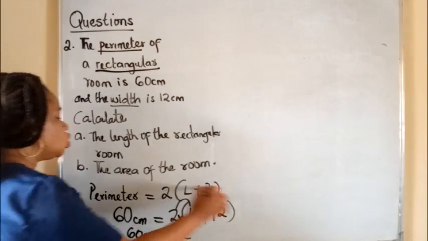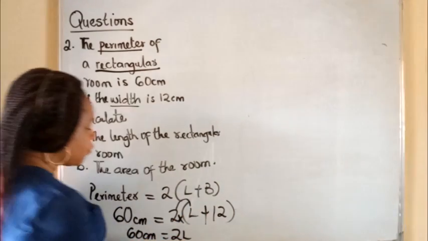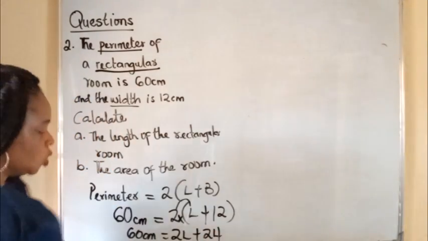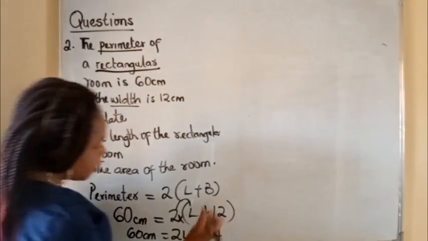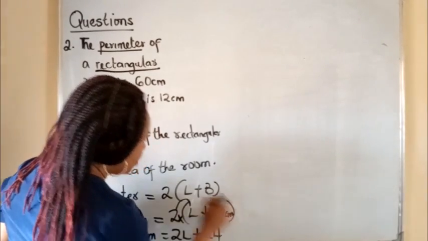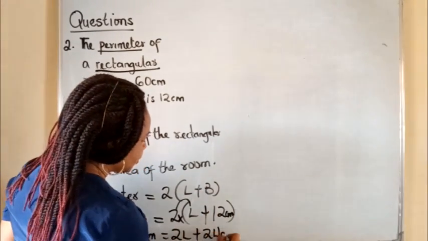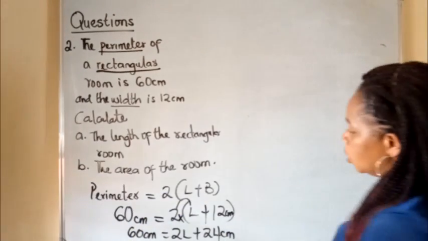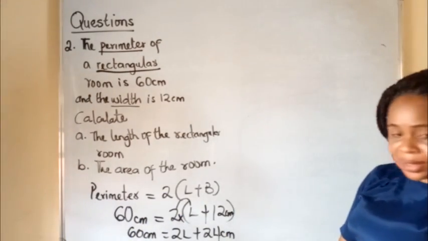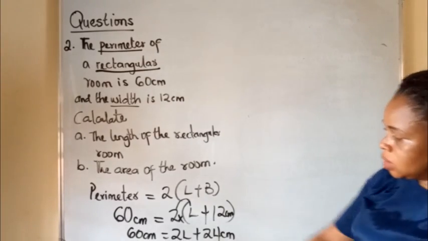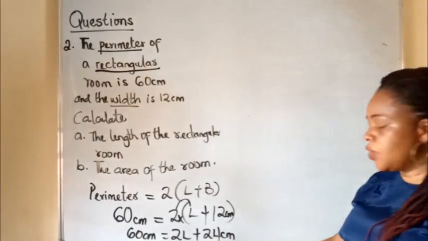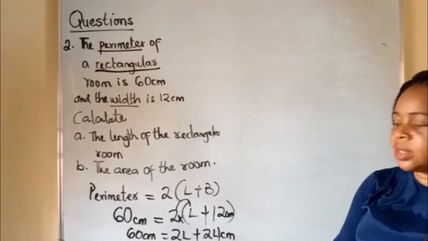And we'll say 2 times 12 will give us what? 24. What else do we do? We collect 24. Remember that the breadth is measured in centimeter. So we're going to be collecting like terms here. 60 centimeter and 24 centimeter are like terms. So we'll collect them together.